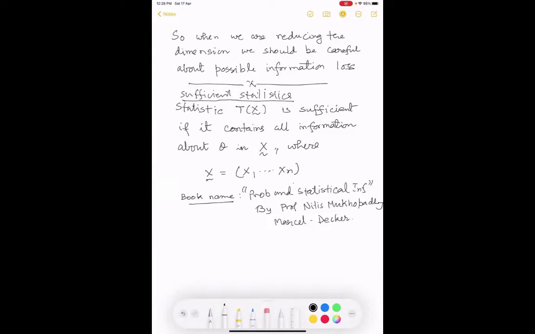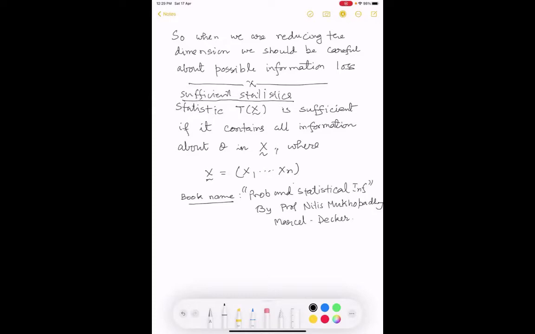I found Fisher's concept very difficult to understand. It takes a lot of reading and a lot of thinking. Comparatively, I found Nitish Mukhopadhyay's presentation of the concept of sufficient statistic much easier to understand.